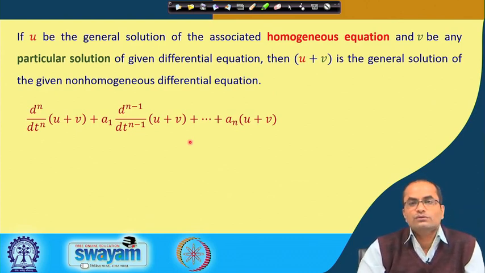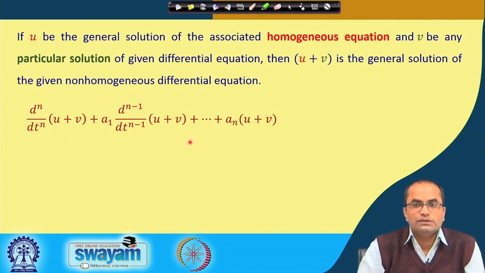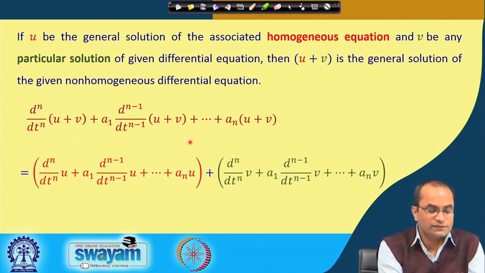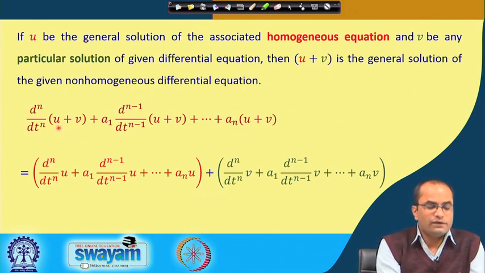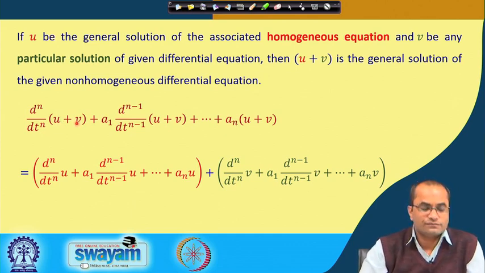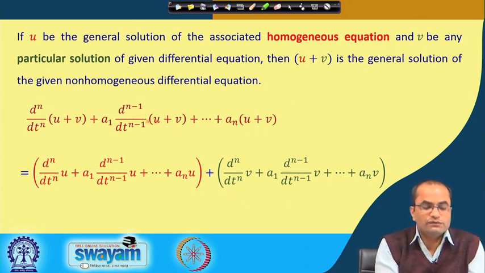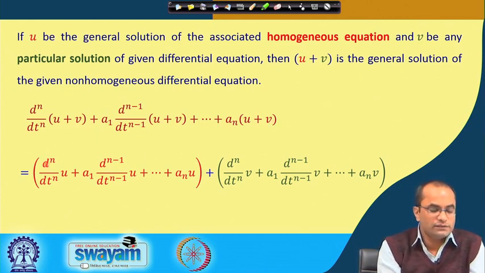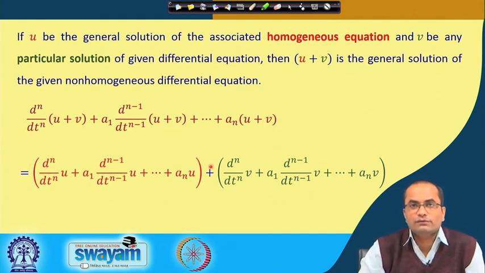Remember, u is the solution of the homogeneous equation and v is a solution of the given non-homogeneous differential equation. Then we can use linearity here. The derivative applied on u plus v gives the derivative on u plus the derivative on v, and so we can break it into two parts, one with u and the other with v, each with the same left hand side of the differential equation.